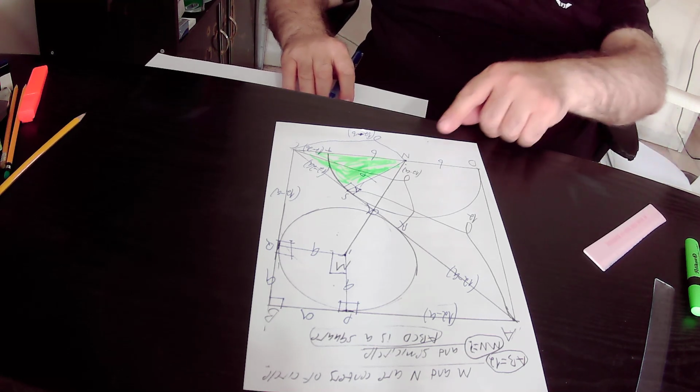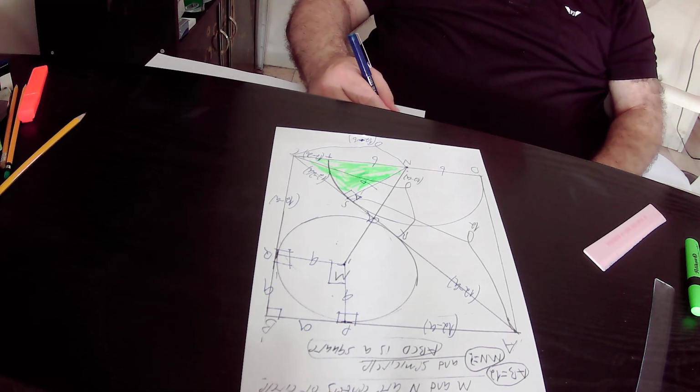So we know that SC equals 12 minus b, so SC square will be equal to 12 minus b square.